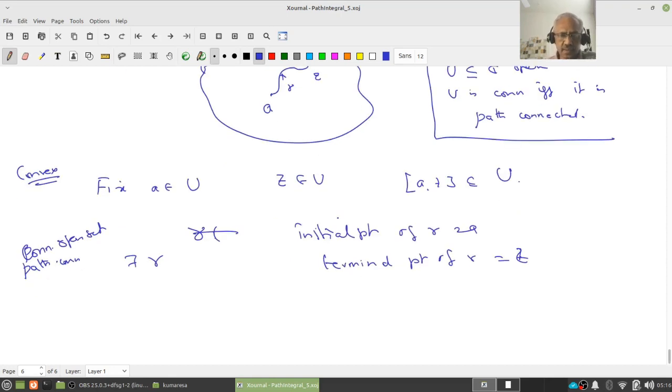And if it is convex, I have A and the line segment to Z. Are you following?